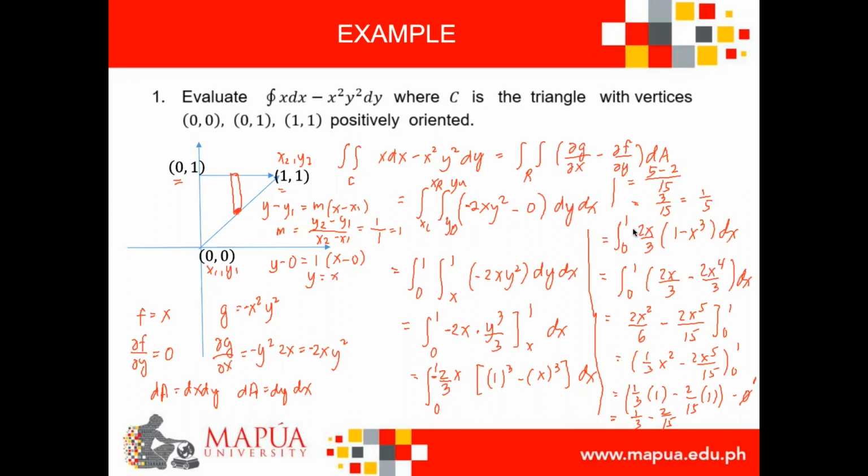So I'll just place here a negative sign, a negative sign, a negative sign. Then you have here a negative sign. So therefore, the answer is negative 1 over 5. So this is how we solve problem number 1.